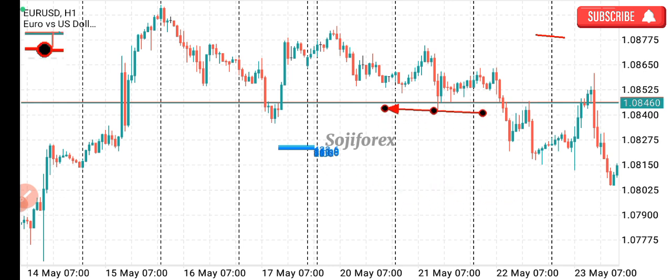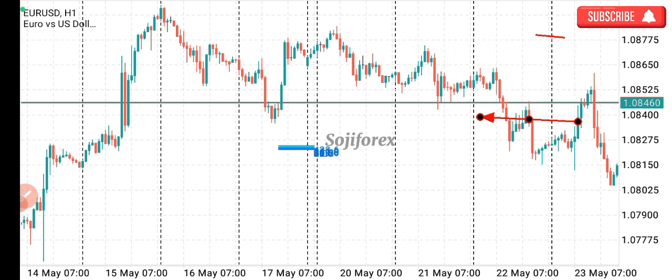So in a downtrend, the market will be making a series of lower highs and lower lows, just as we are seeing here: lower lows, lower lows, and you can see lower high, lower high, lower high.